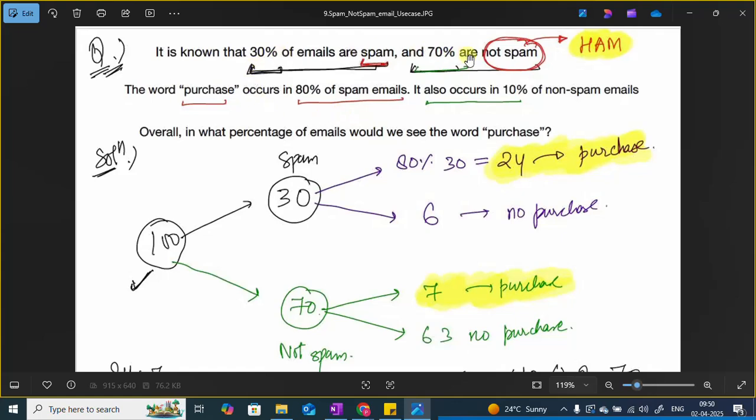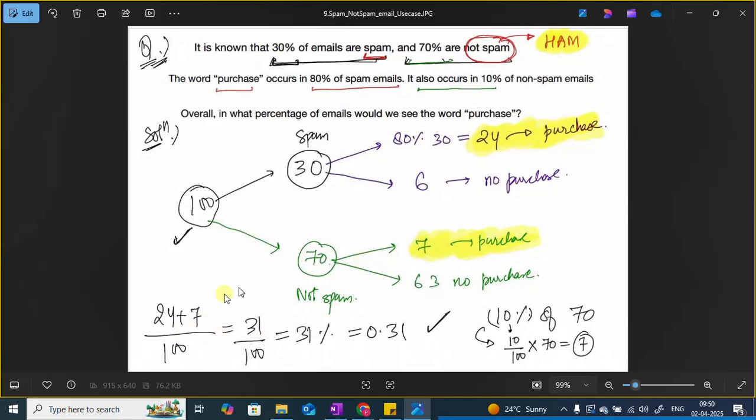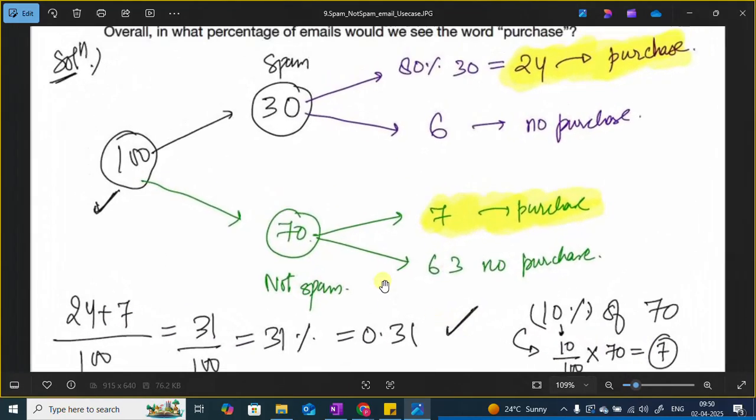Don't try to solve by just looking at the problem statement. It's very difficult, because even if you read twice, thrice, it looks very difficult. First, when you get the question, you have to frame a diagram like this. Now, try to understand step by step. I will show how I am framing and bringing these numbers out of this context or question. Then the rest of the things will be very easy. Put the values in the formula and get the answer. That's all.